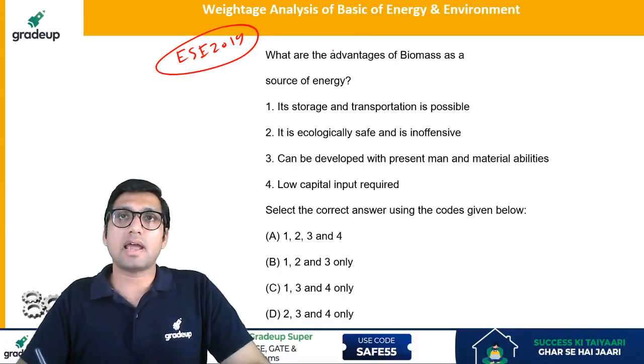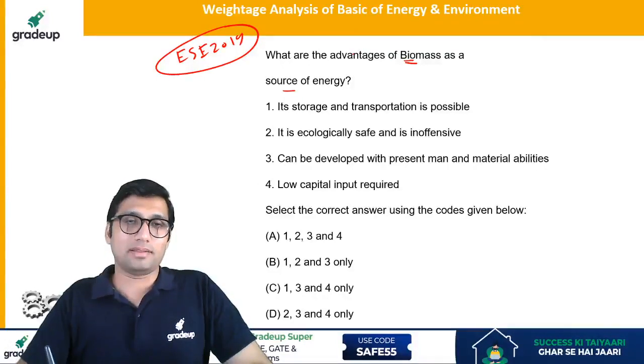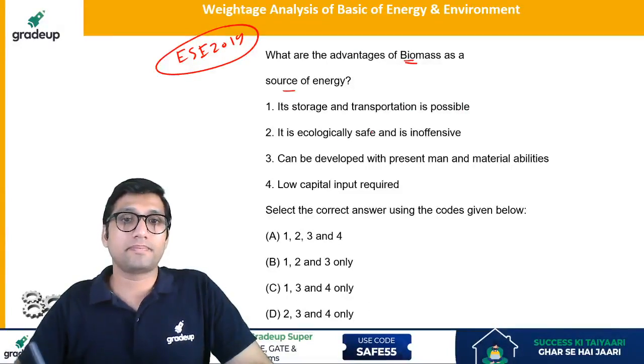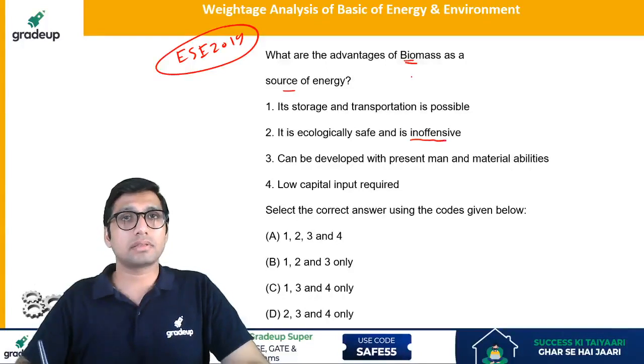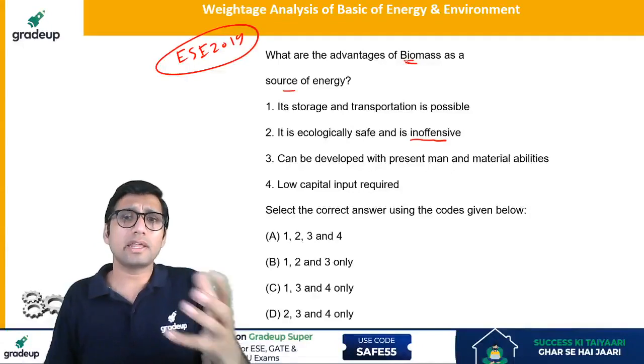in which they have asked the advantages of biomass as a source of energy. Now this is basically part of the first chapter of basics of energy environment subject. Okay, the advantages are given as storage and transportation is possible. It is ecologically safe and is inoffensive. Inoffensive means something which is not causing any problem, it is not offensive.